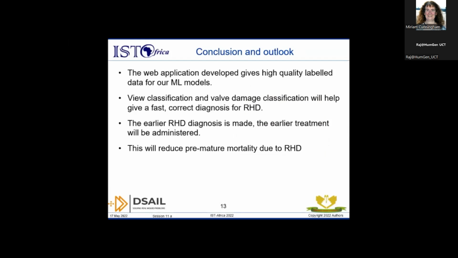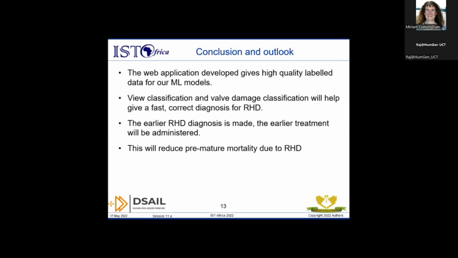From this, I can conclude that the web application offers us a chance to get quality labeled data from experts or cardiologists, and this data will be really good for a machine learning model to train and test our multi-class view classifier and also train our valve damage classifier.